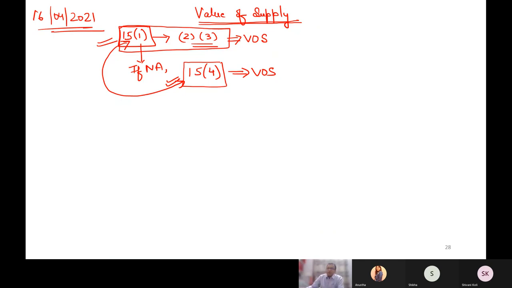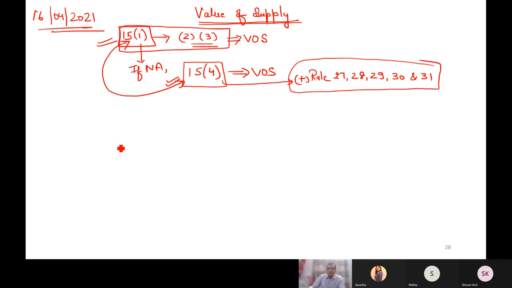Within 15.4, when I say I will apply 15.4, then I have to take the help of which rules? Rule 27, 28, 29, 30 and 31. And the last subsection is 15.5.